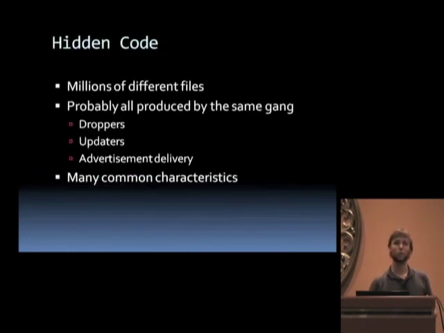So once we were able to understand the obfuscation scheme used by Switzer, the next step was to actually look at the unpacked code and find out what it is doing. Because it's nice to develop some kick-ass tools, but it's even better to apply them to a real problem and find interesting things. What we had to do was to look at millions of different files, and we wanted to understand what they do.